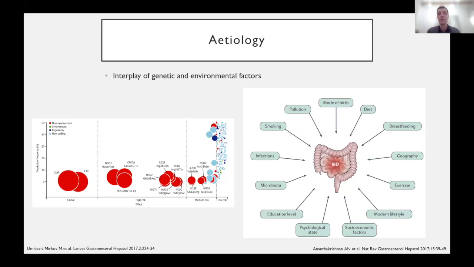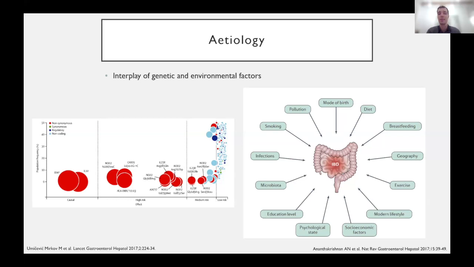On the other hand, as we move further to the right-hand side of the slide, we have a number of polymorphisms in different loci, mainly related to genes regulating immune response and autophagy, which have a smaller, yet still non-negligible impact on the development of inflammatory bowel disease.